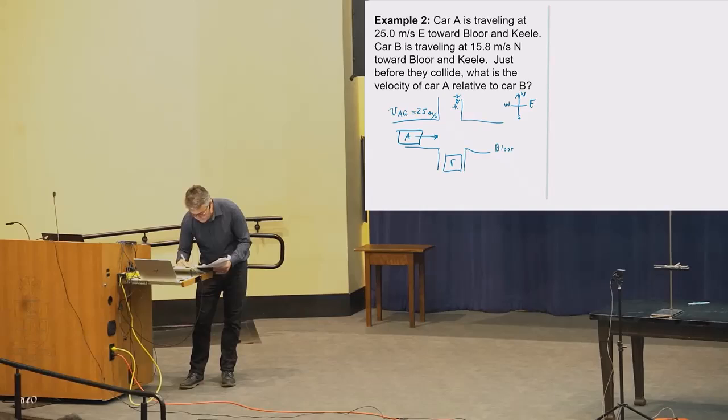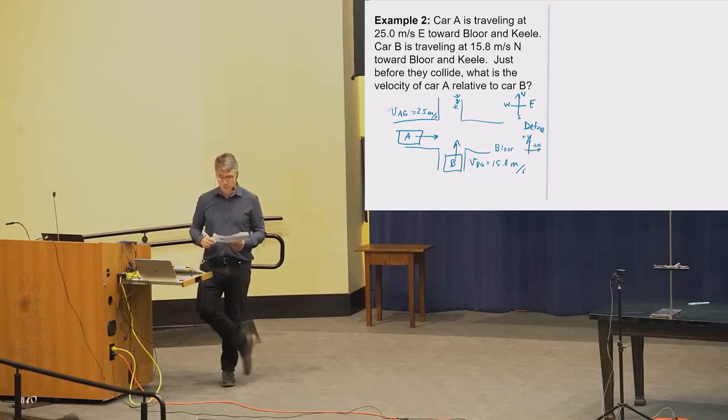And here's car B, moving north. VB relative to the ground is 15.8 meters per second. And let's define plus y to be the north direction and plus x to be the east direction, because we're going to use components.